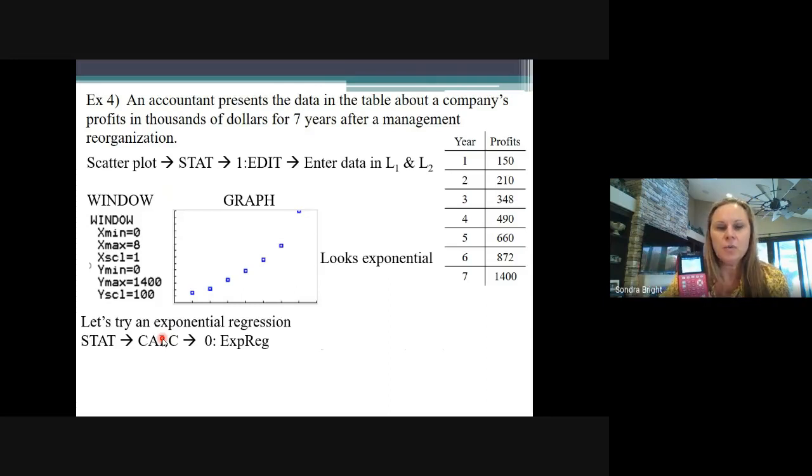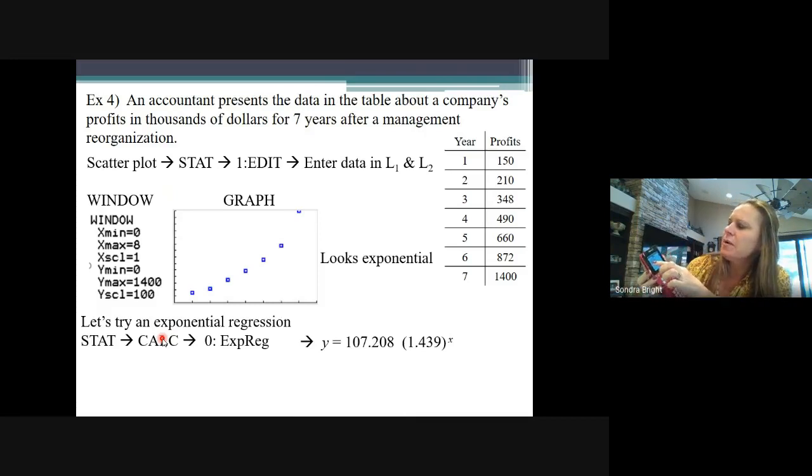And then you want to make sure L1 is chosen, L2 is chosen. We still didn't store the regression line, so whatever, calculate. And when you calculate it, I got an A of 107.208, and I got a B of 1.43, and it gives you the form of how you write your answer.